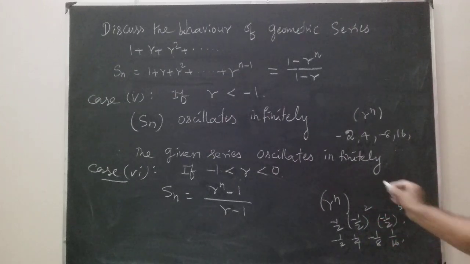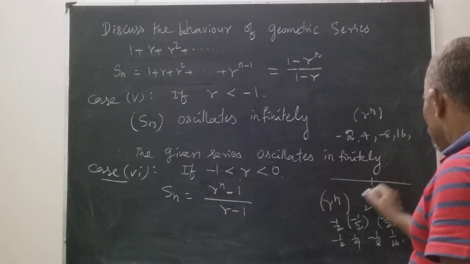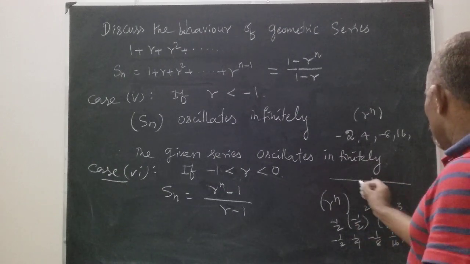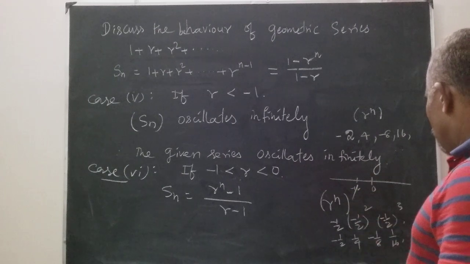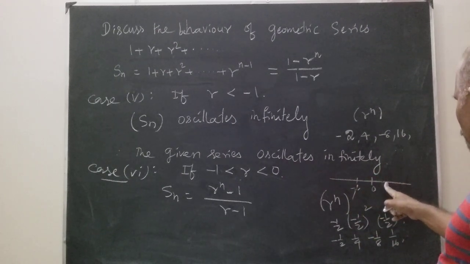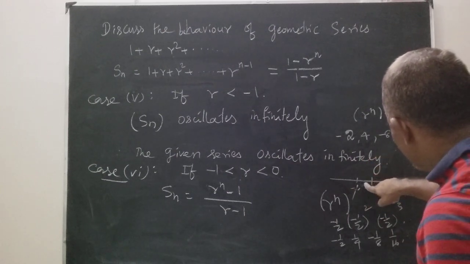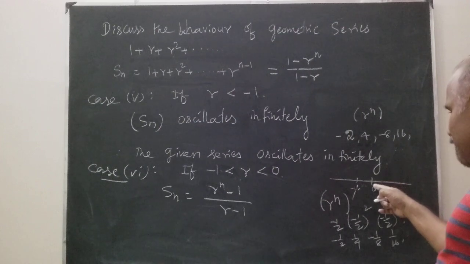You can see that here is 0, here is -1 by 2, here is 1 by 4. So -1 by 2, 1 by 4, -1 by 8, 1 by 16, -1 by 32, plus 1 by 64.